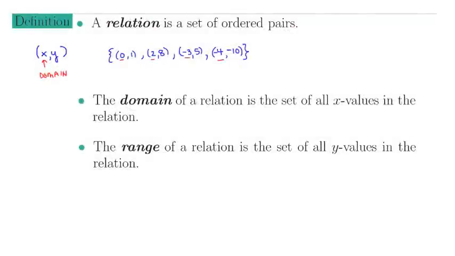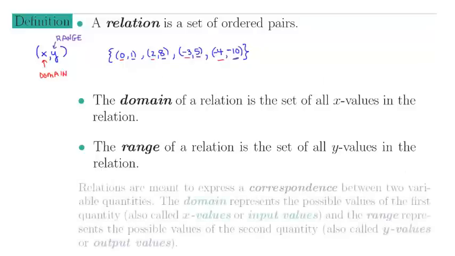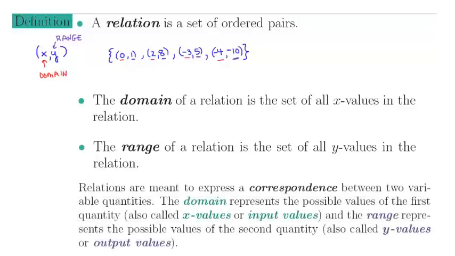The range of a relation is the set of all y values in the relation. The second coordinates, the second objects, these are all elements of what we call our range. So in our specific example here, 1, 8, 5, and -10 would all be elements of our range. Relations are meant to express a correspondence between these two variable quantities.